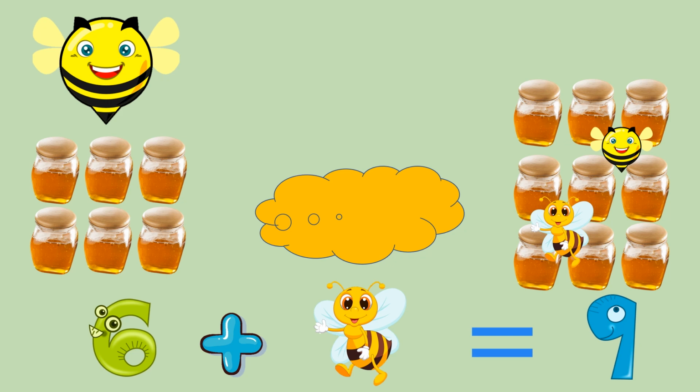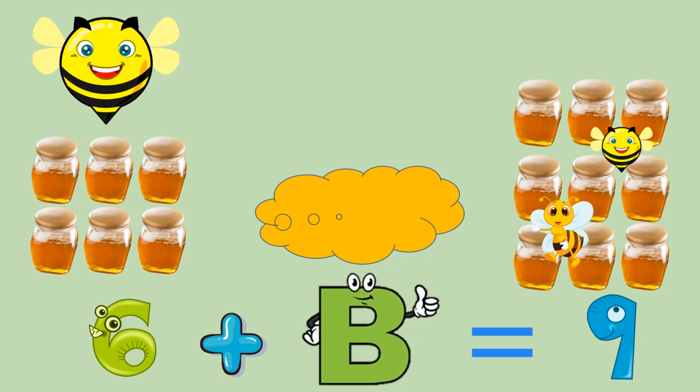But now, instead of drawing B every time, let's write the letter B. And this is the equation. 6 plus B is equal to 9. And here, the letter B represents the number of jars produced by Mrs. B.